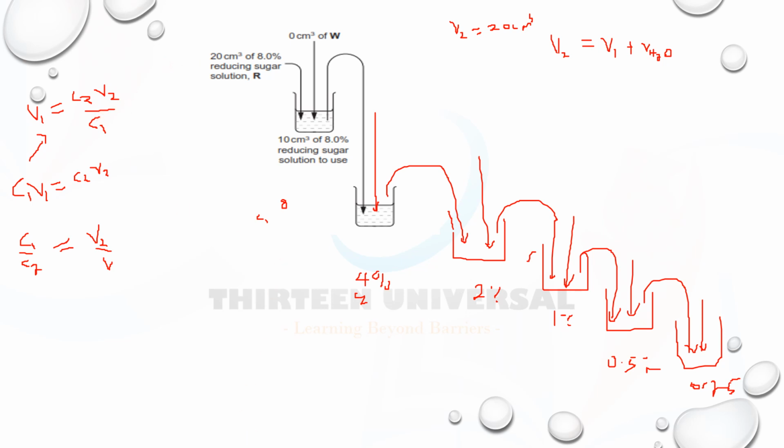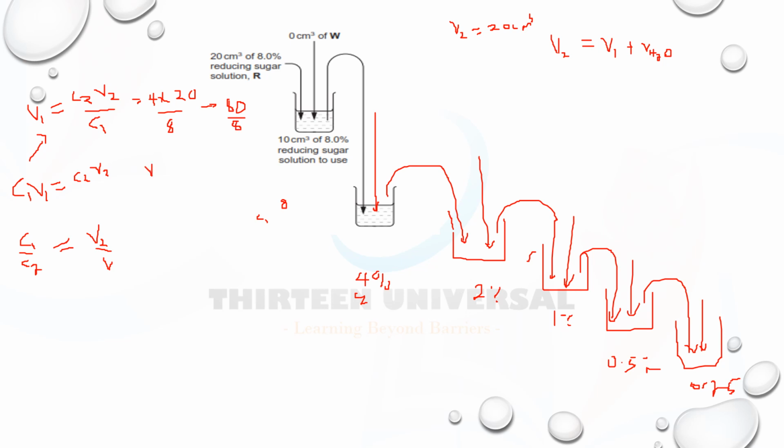Therefore it's going to be 4 times V2, which is 20, divided by C1, which is 8. So what do we have, guys? 4 times 20 is 80. Good. 80 divided by 8 gives me 10.